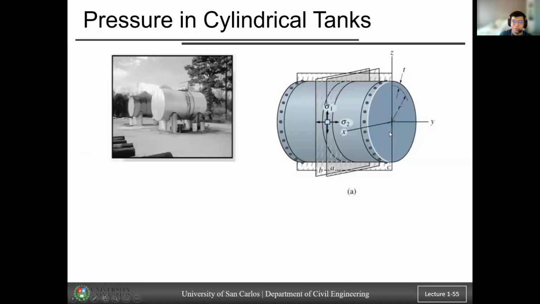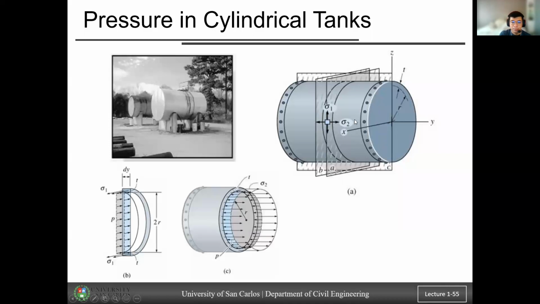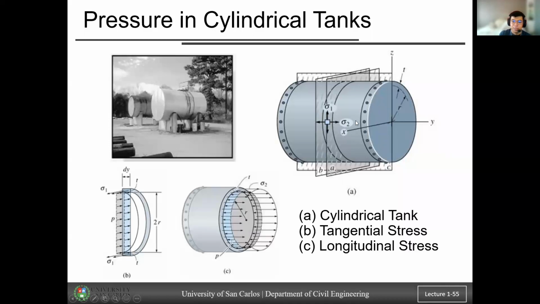First is pressure in cylindrical tanks. Most likely the pressure will be in all directions, X, Y, and Z. One will be experiencing lateral pressure, one will be normal pressure, so X, Y, Z are its components.